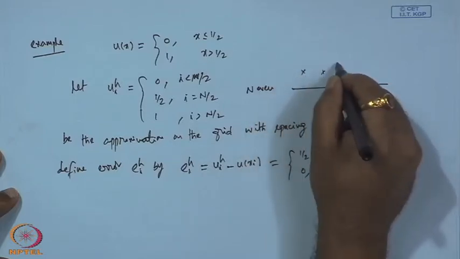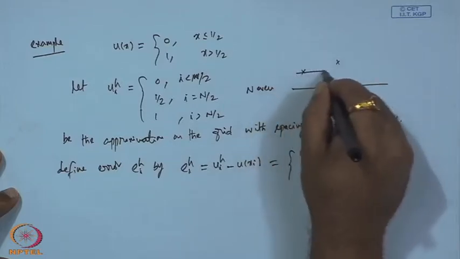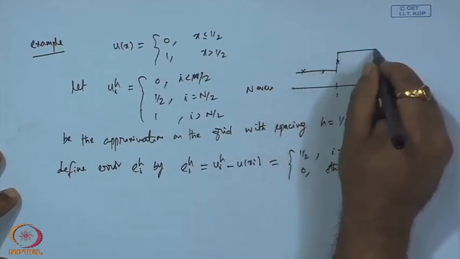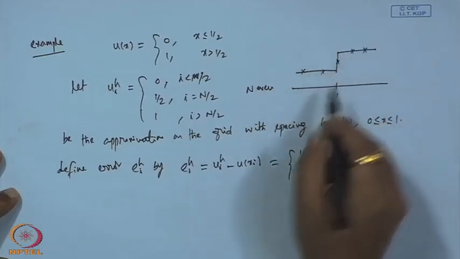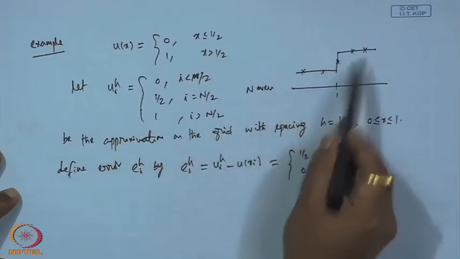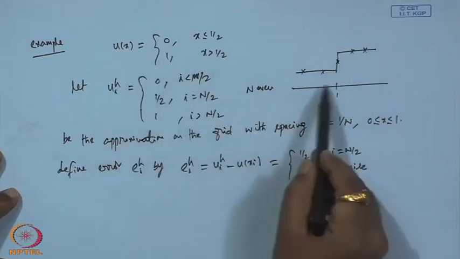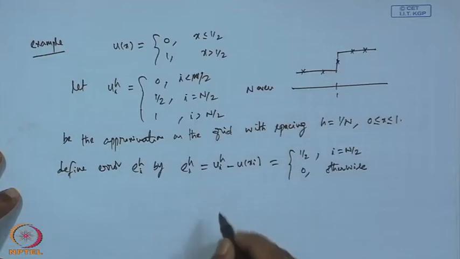So, this is approximating. The approximated solution is behaving like this, the stars, and u of x is behaving like this, right.